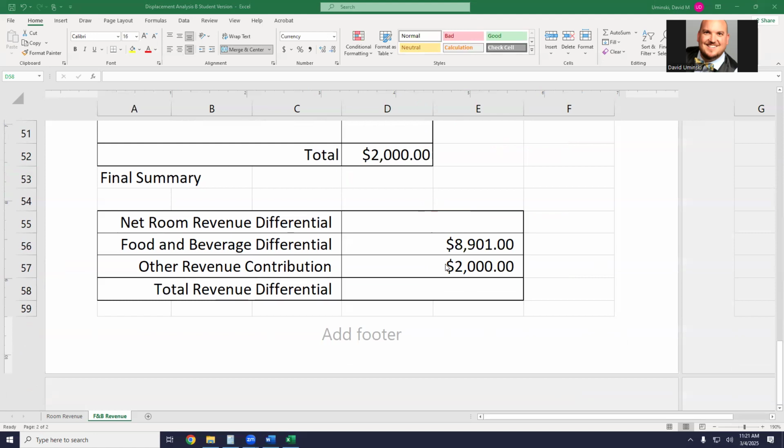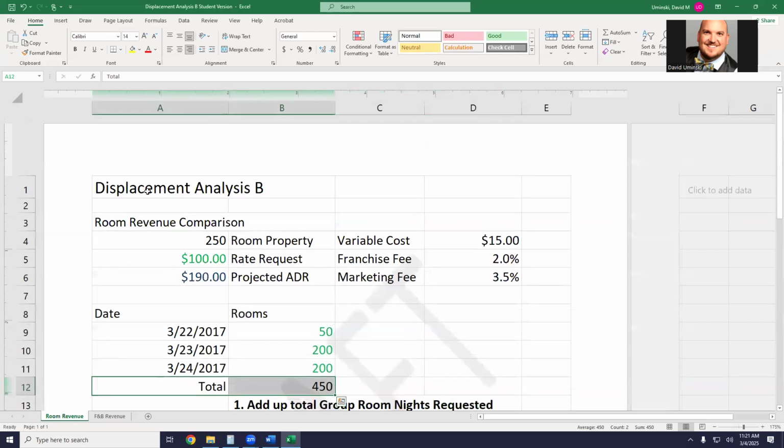What piece are we missing in order to find out our actual displacement analysis? The rooms, okay? So let's go back and do a refresh from last week's room revenue. That's your other page that says displacement analysis B up on top. So as a reminder, we have a 250 room property.